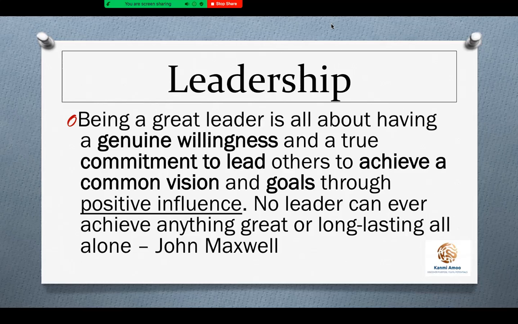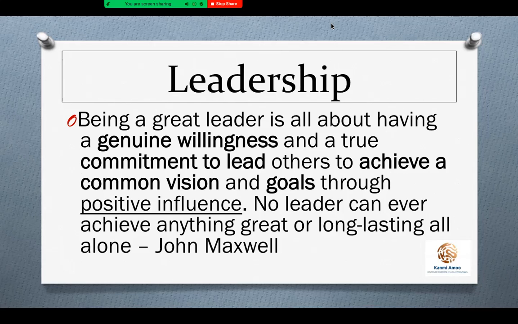And what we want to drive you even to as young talents, young professionals, just starting their career or mid-career, what we are just looking at to bring out of you is great leadership, not just leadership or good leadership. So you must have a genuine willingness to lead yourself, to lead others, and to become the best in leadership.